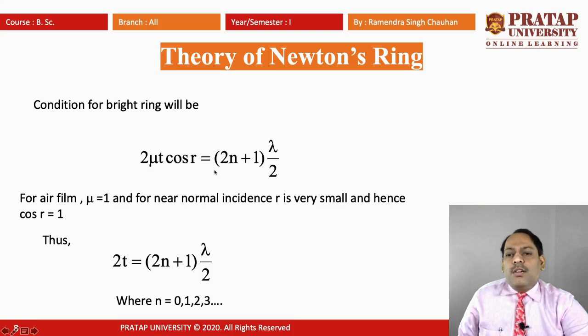Thus in place of 2 mu t cos r, we have 2t, because mu is equal to 1 and cos r is equal to 1. So we will have 2t equal to (2n plus 1) lambda by 2, where n is equal to 0, 1, 2, 3 and so on, and this n is the order of the ring. First order, second order, that is n is the order of the ring. So here we find the condition for bright ring to be 2t equal to (2n plus 1) lambda by 2, where lambda is the wavelength of the sodium lamp we are using.